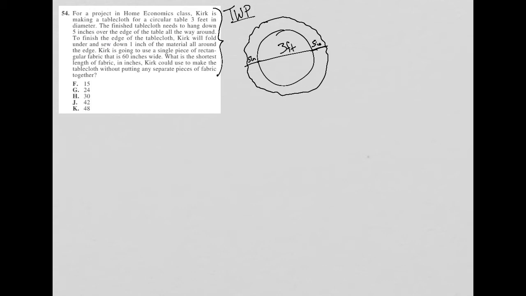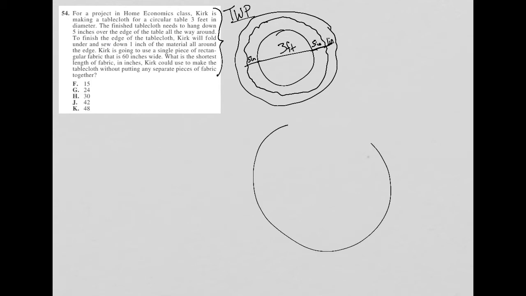Okay, so that means under here, there's another 1 inch that will be folded under, but technically is still part of the material for the tablecloth, right? So in essence, my tablecloth then is, if I look at the diameter here, I'd have 6 inches there, 6 inches there, and this 3 feet in the middle. 3 feet is the same as 36 inches, just so I can get everything in terms of inches.